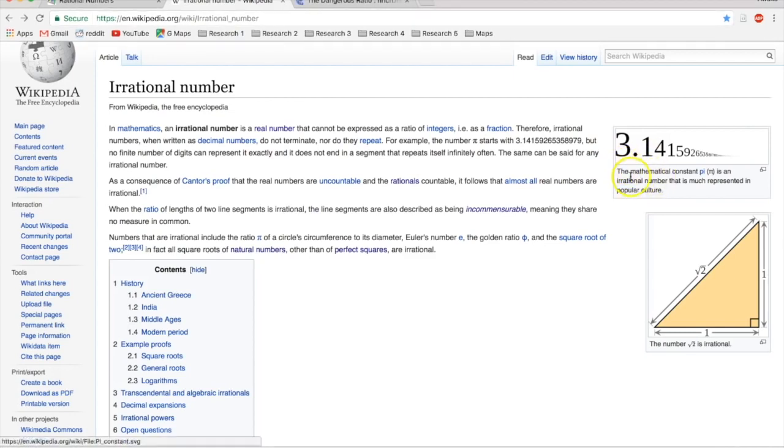So over here, the mathematical constant pi is an irrational number that is much represented in popular culture. For those that have eyes to see, do you see how they've promoted this? They've made a deity out of pi. It's an irrational number. It's not a real number.